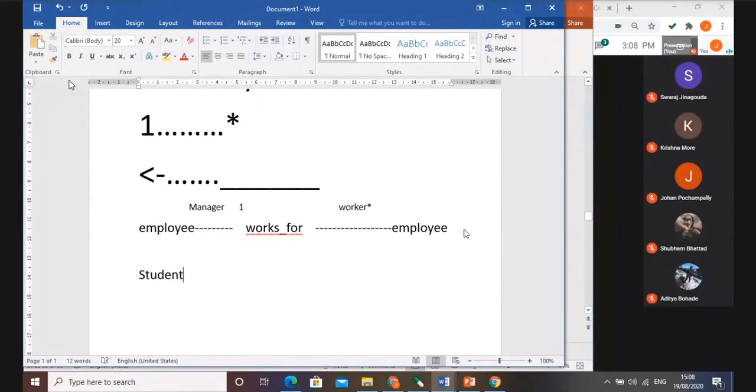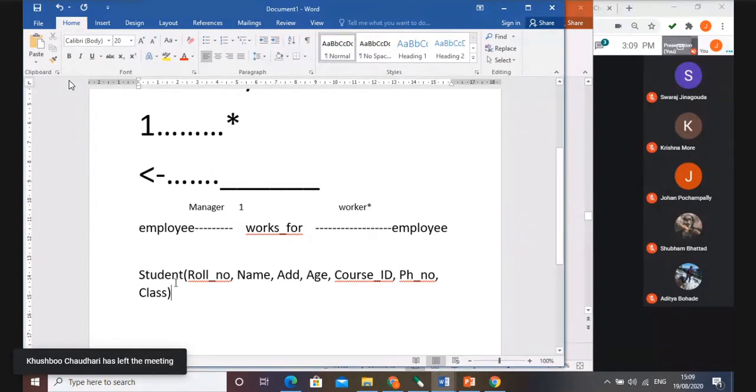I have student as one of the entity sets or relationship sets, which has attributes roll number, name, address, or age, or course ID. Fine. Right now we will take this, or we'll say phone number. Then if we require, we can also go for class. So I have taken this many attributes for my student.